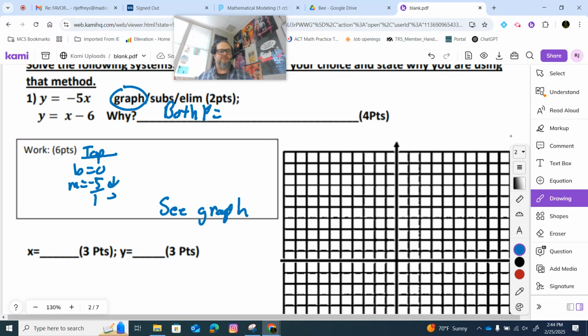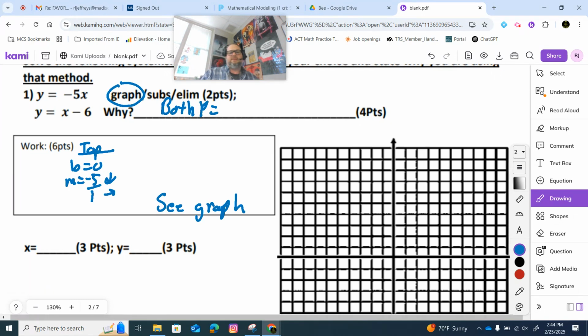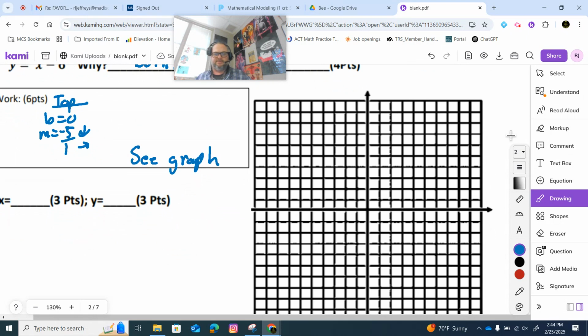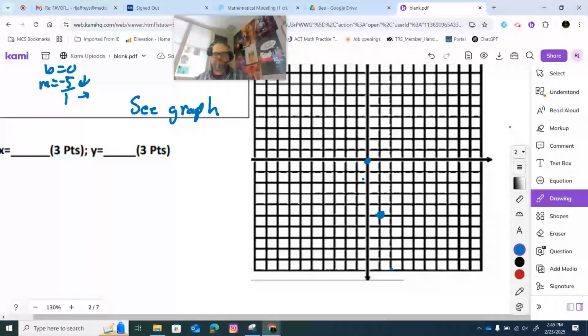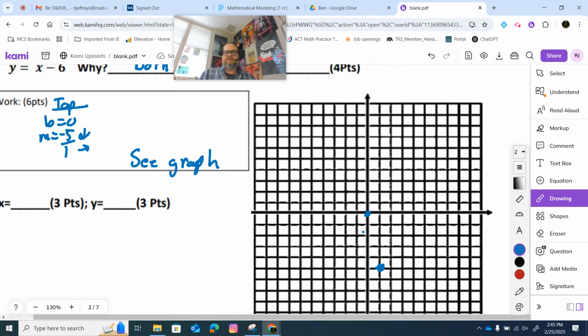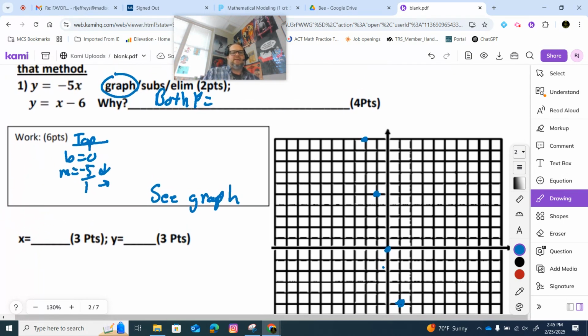That means down 5 to the right 1. So 1, 2, 3, 4, 5, and here.